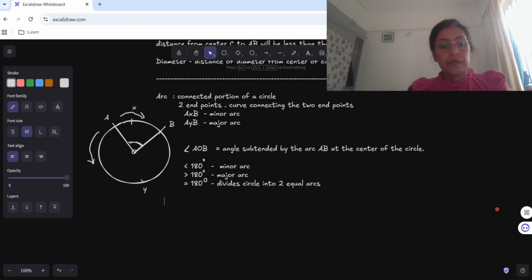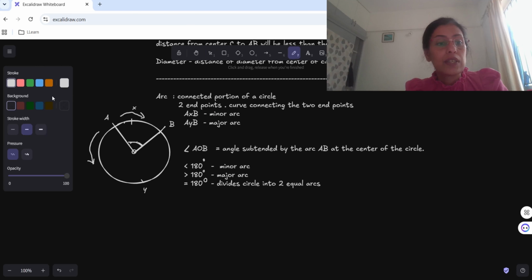Okay, so this is about the basics of arc. Now this angle AOB, right now I just marked it here to show you. But if I say angle AOB, there are two angles AOB. There is this angle and then there will be this angle.